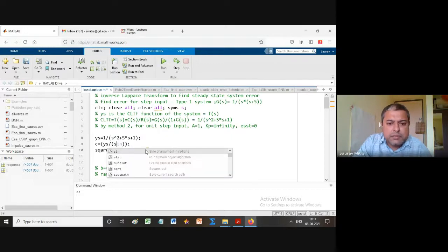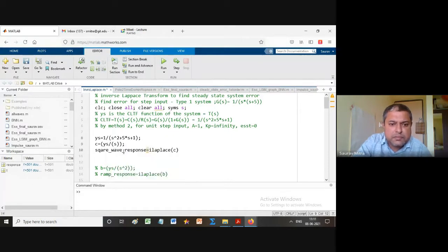So this will be the step response. That's it. Okay. So these are the changes now. So what we are finding is Kp is equal to infinity, and ESST is equal to 0. ESST is equal to 0 means input should be equal to output. So step response is equal to inverse Laplace. So just see how it goes.